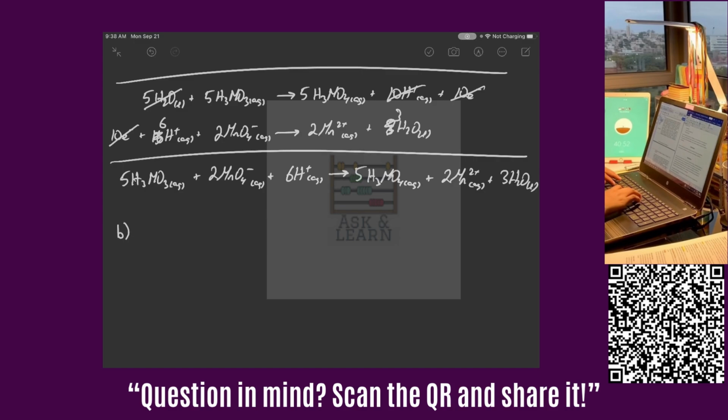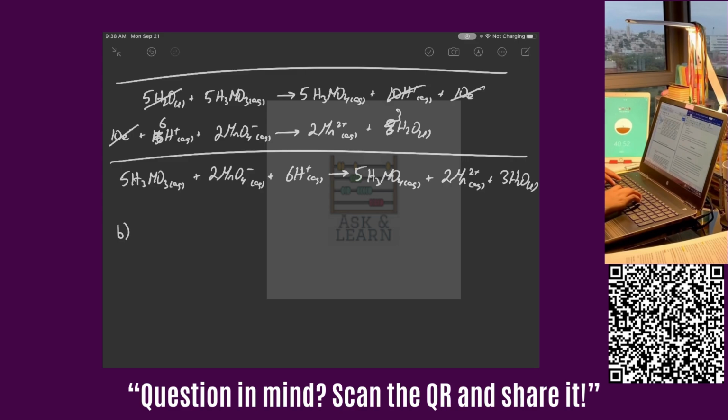For part B, how many moles of oxide were formed and how many moles of the semi-metal were in the original 0.2 gram sample. So let's find, first of all, the moles of MnO4- from the information given.